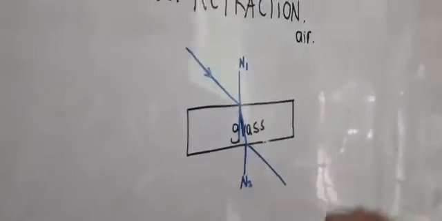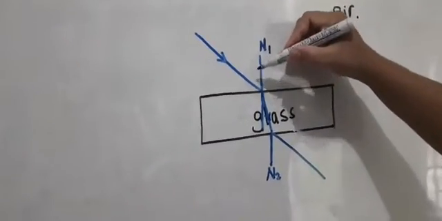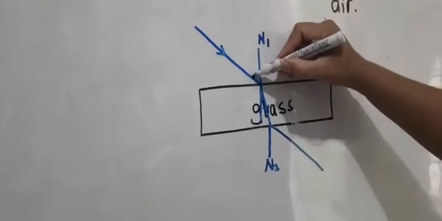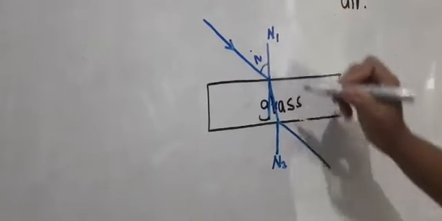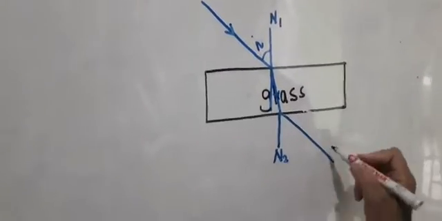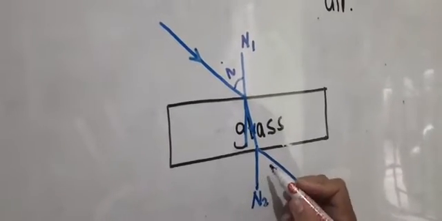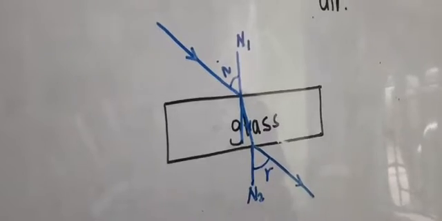Now let us name the angle between the incident ray and the normal line, which is the incident angle I, and the angle between the refracted ray and the normal line, which is the refracted angle R.